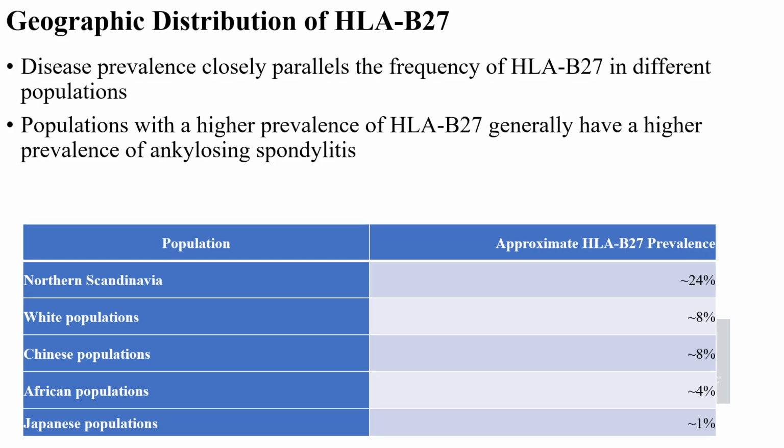The frequency is lower in many African populations, at about 4%, and is approximately 1% in Japanese populations. These differences are important. They show a clear relationship between genetic background and disease prevalence, although HLA-B27 alone does not determine who will develop ankylosing spondylitis.